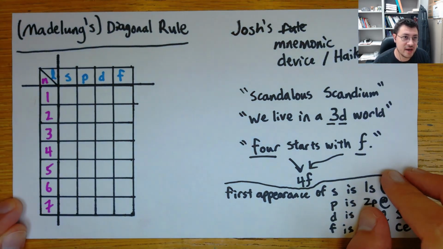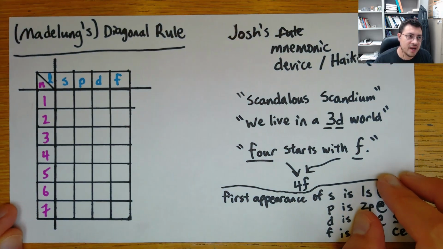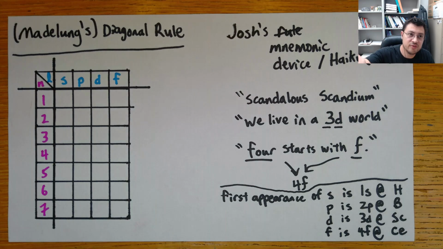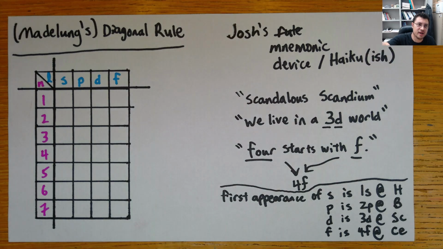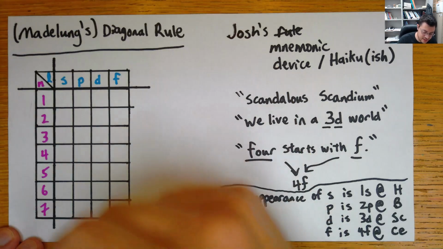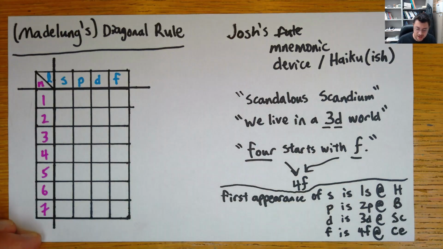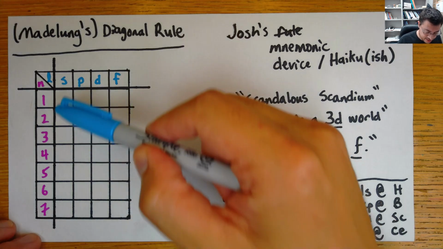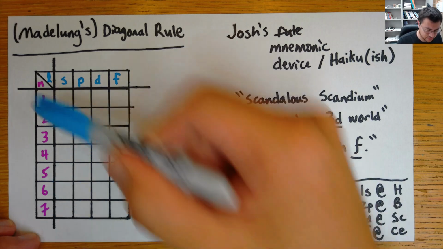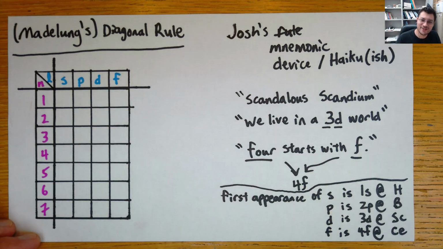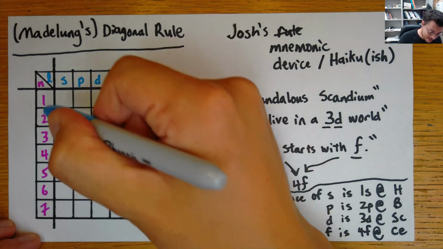One of them is the so-called Madelung rule, also known as the diagonal rule. There are other names for this rule, but it's to build a table like this and then look at things diagonally. So let me show you what I mean. In this table, I had to use a ruler because my freehand is not always so great.